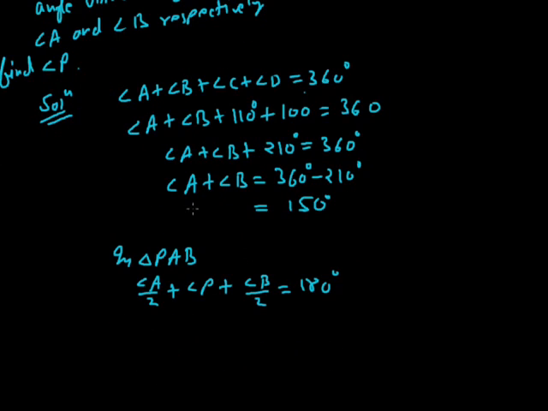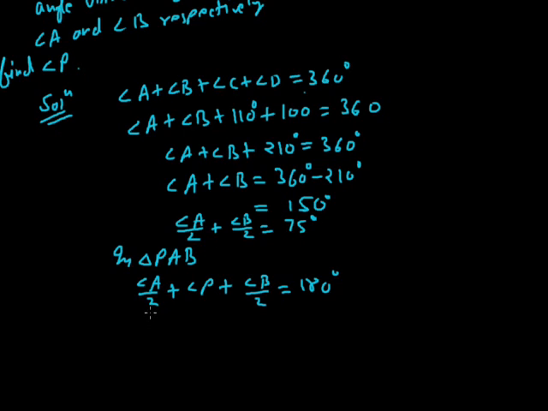Now as A and B, their sum is 150 degrees, so the half of their sum should be equal to 75 degrees, because A plus B is 150 degrees. So when we divide this equation by 2, what we get is A by 2, B by 2, and 150 divided by 2, that is 75 degrees. So A by 2 plus B by 2, their sum is 75 degrees.